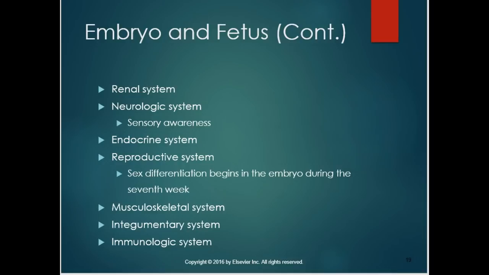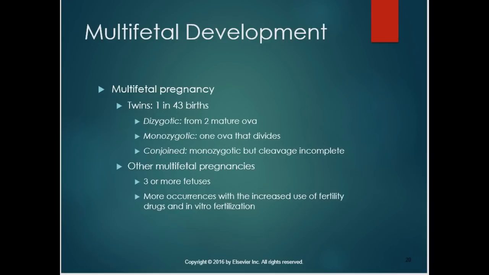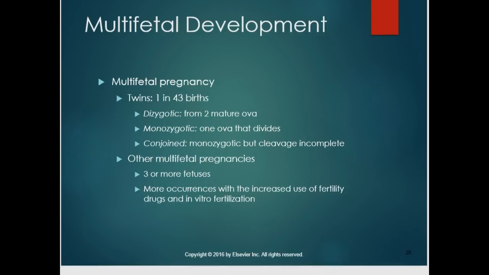We do have some other tests that we can tell the sex of the baby as well that are blood tests. Twins are 1 in 43, and then other multi-fetal pregnancies are 3 or more. So you guys, we have a lot of use of fertility drugs because mothers are waiting until they're older to have babies, and so we're having more multi-fetal pregnancies.